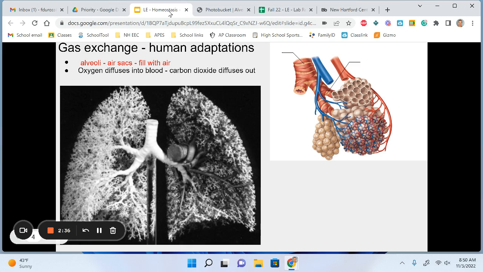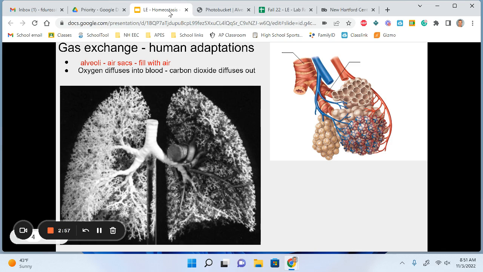Because as we breathe in air, what we breathe in has a high concentration of oxygen compared to our blood. And so as we know about diffusion, oxygen molecules are really small. They can just diffuse through these alveoli into our blood, where they can then be distributed throughout our body.